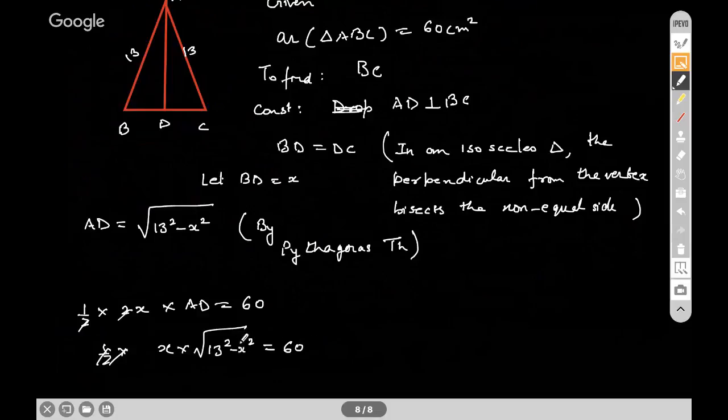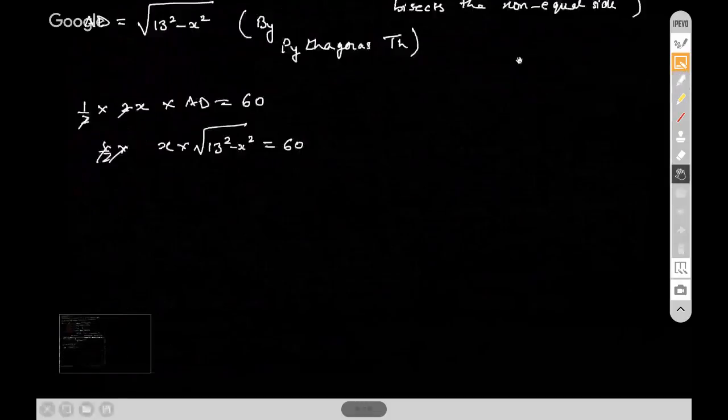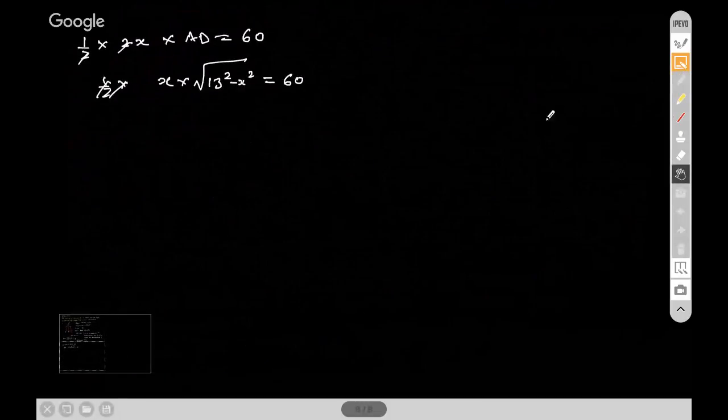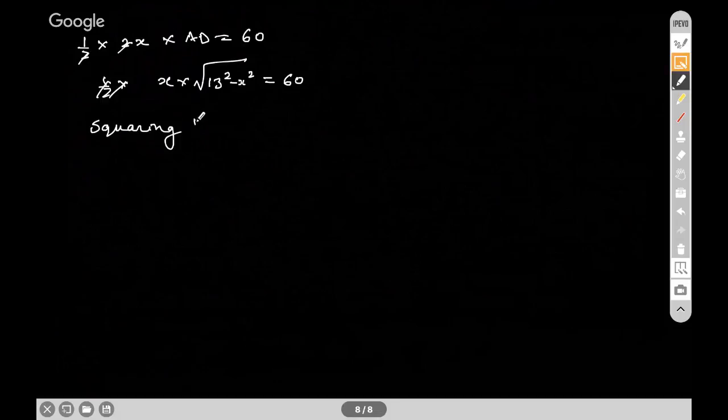So hence, what will you write? You will write squaring both sides. These steps, please do not forget. Squaring both sides. Right? You'll get x square into 13 square minus x square is equal to 60 square.